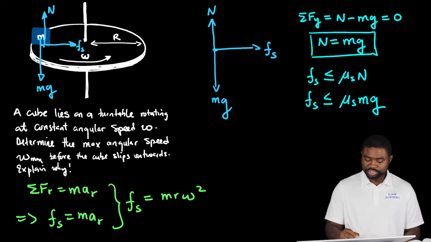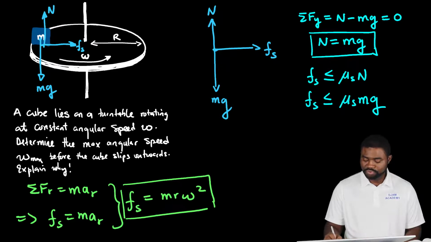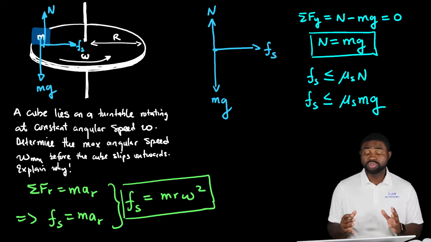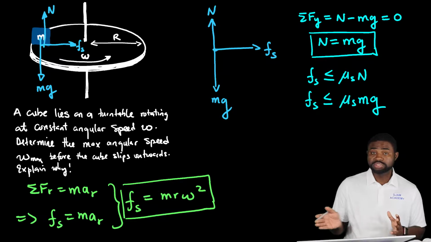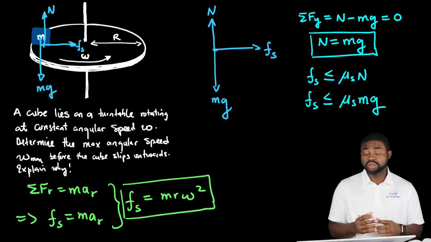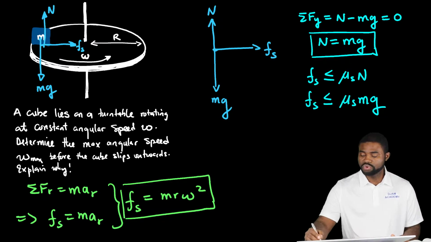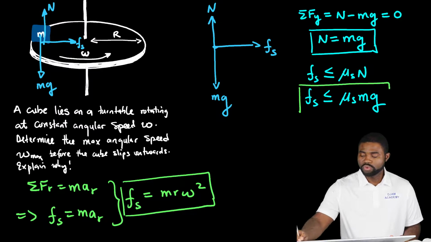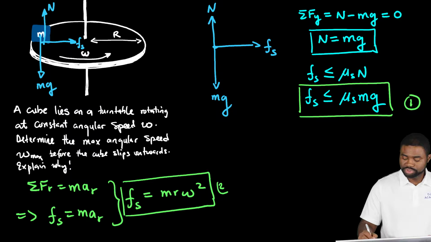Now, there are two equations I would like for you to take a look at, which are very important for you to understand why the cube will skid outwards after we reach a certain value of omega. Let me label these equation 1 and equation 2.